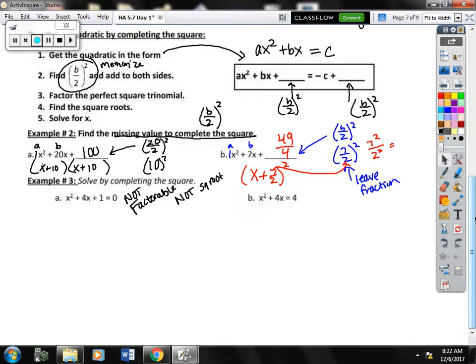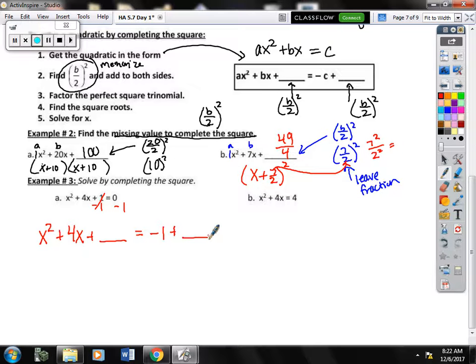All right, now let's actually solve this equation, because it's not factorable, it's not square rootable. We're going to solve it by completing the square. So step 1 says to get the equation in this format. So I need to move the constant over. So I would subtract 1 from both sides. Now, when I do this, I add in this little blank line, this little space, to remind myself I'm going to add something to both sides. So I would write x squared plus 4x plus blank equals negative 1 plus blank.